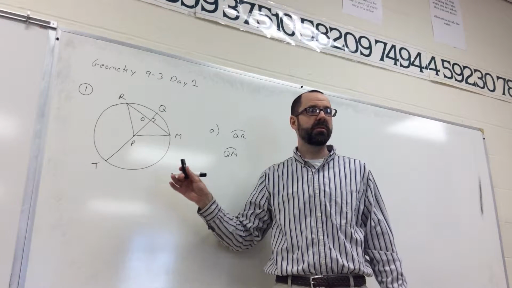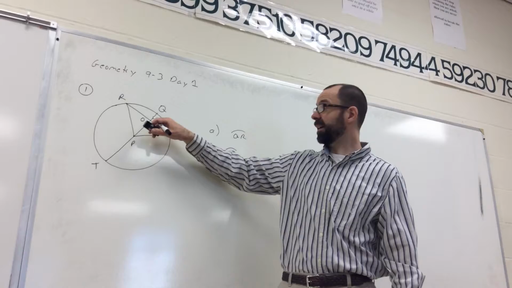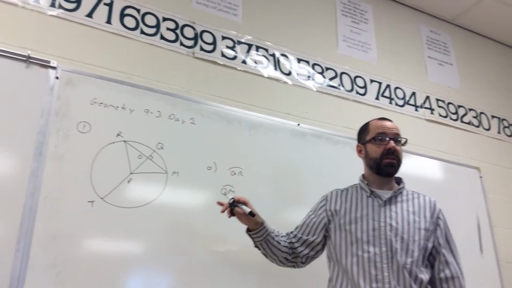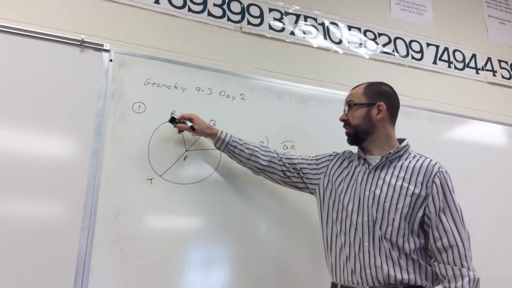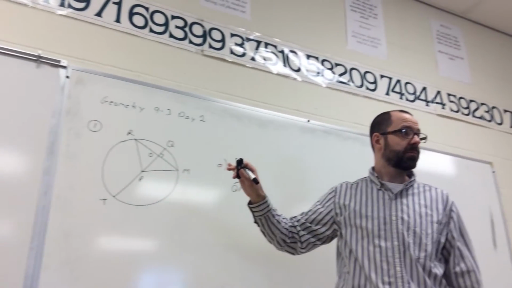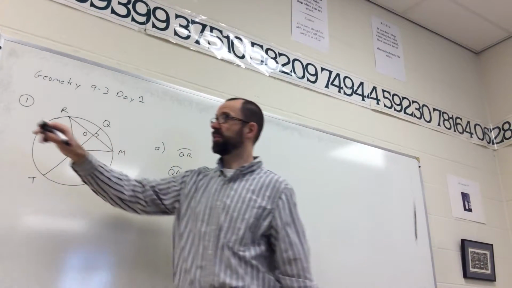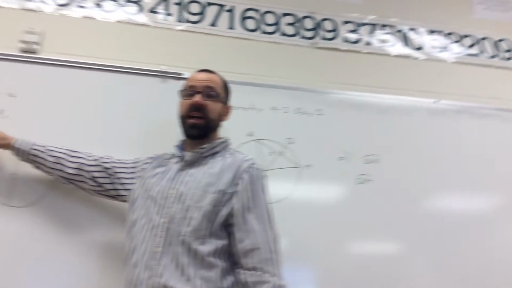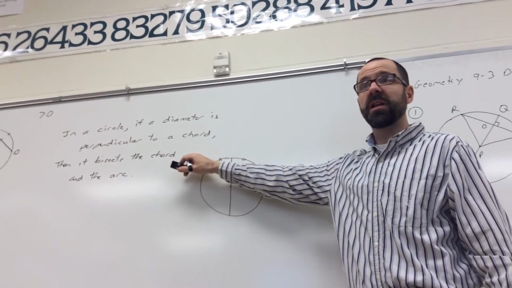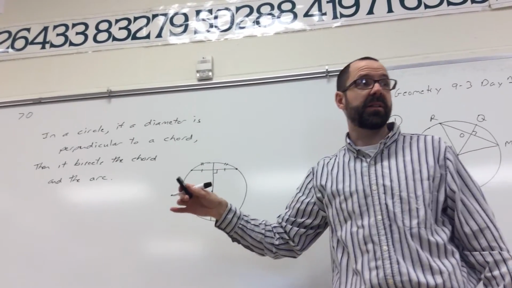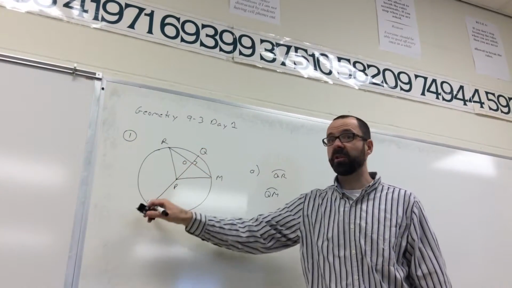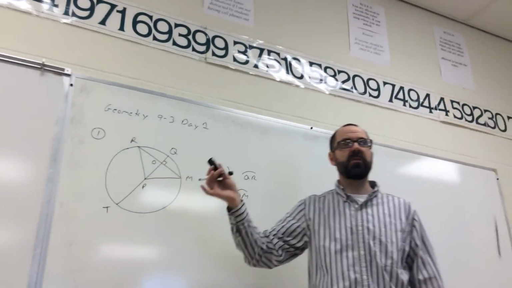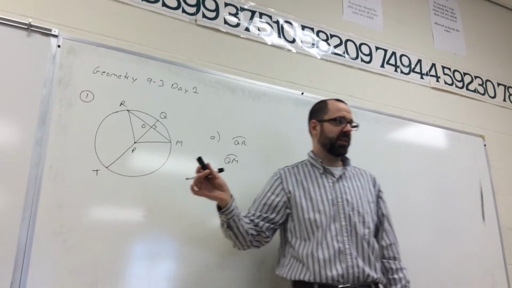Yeah, Judah? That 90-degree angle is a big deal. The fact that the diameter is perpendicular to the chord. So this just said, if a diameter is perpendicular to a chord, then stuff gets bisected. So here we have a chord, here we have a diameter that's perpendicular, so that's how we know for sure that things are getting bisected.